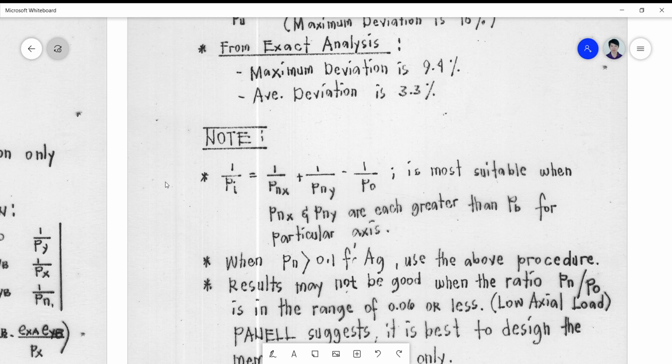Anyway, there are a lot of programs that use the exact analysis already, so the Bressler method is quite old now.